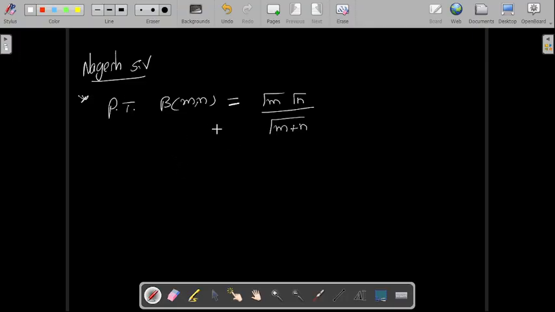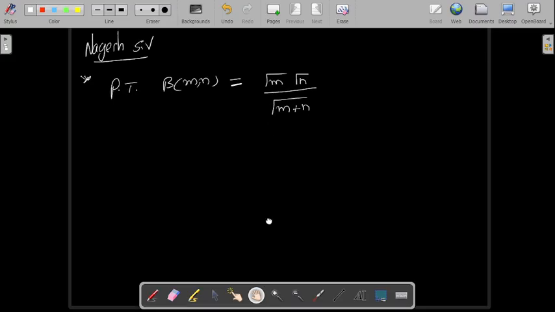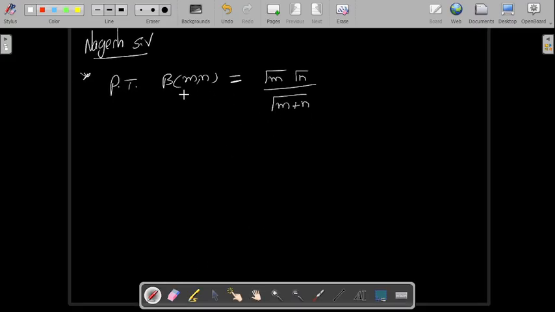Before proving this, we will see some note points which will be useful to prove this result. Those note points are very useful. For example, the first note point: integral x equal to 0 to infinity, integral y equal to 0 to infinity.